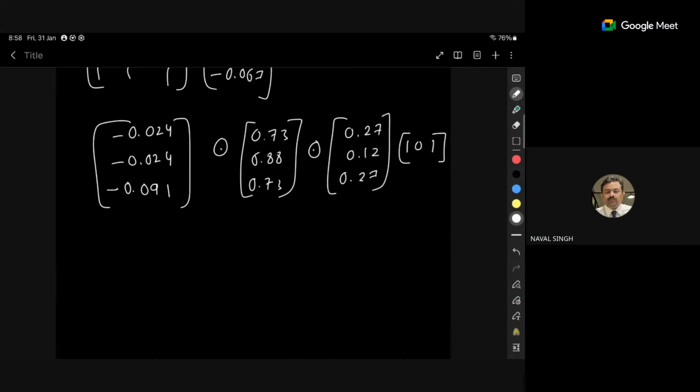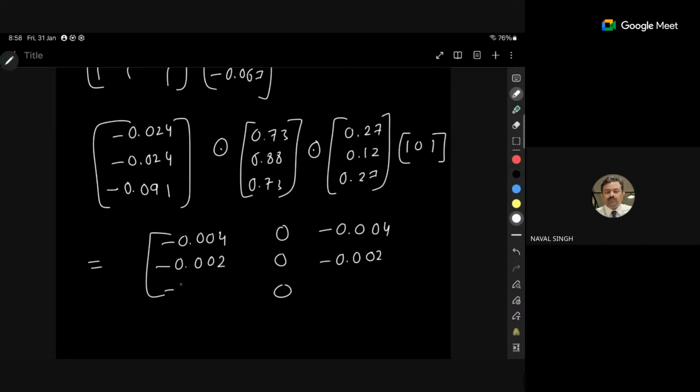Now it's plain mathematics. I guess we can take it ahead from here. It's like minus 104 into 0.73 plus that. So you can do that. The answer is minus 0.004, 0, minus 0.004, minus 0.000, minus 7.